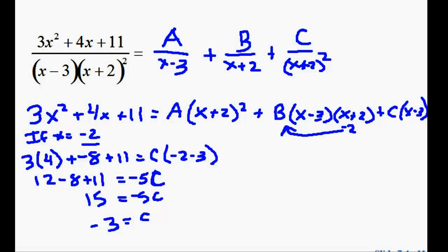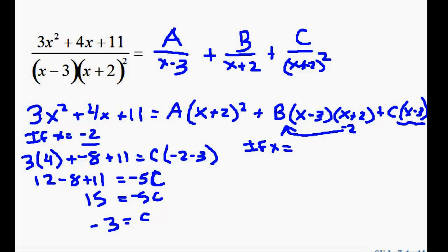So let's go back. We want to find a value for a or b. So let's let x be equal to 3 so that the c will be multiplied by 0.